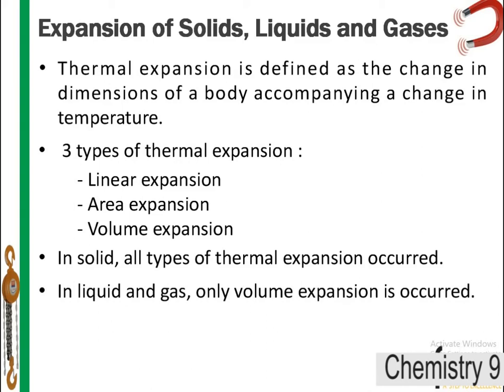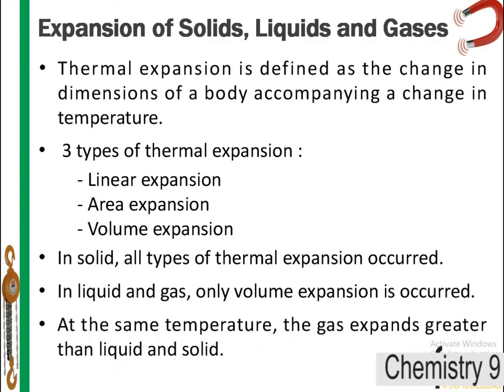When we consider a liquid, the only real type of expansion that occurs is what's called a volume expansion. When we talk about gases, then gases tend to expand greater than liquids and solids at the same temperature. If we have a solid, a liquid, and a gas at the same temperature, then the gas will expand to a greater degree than the liquid or the solid.